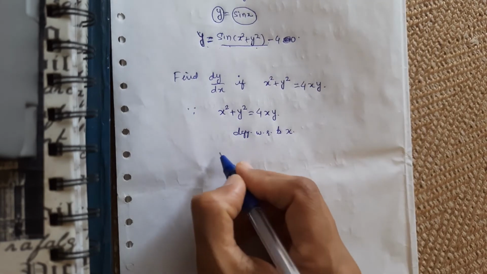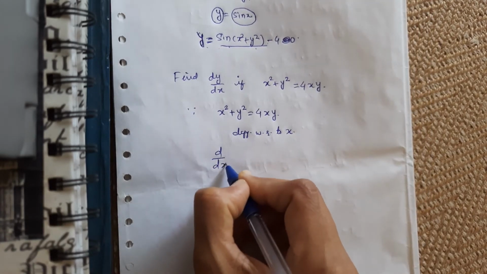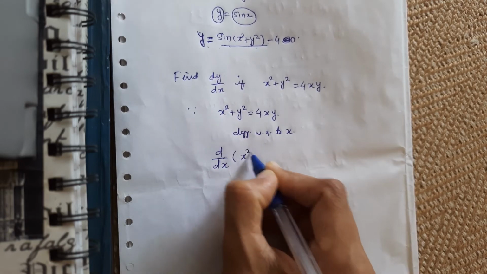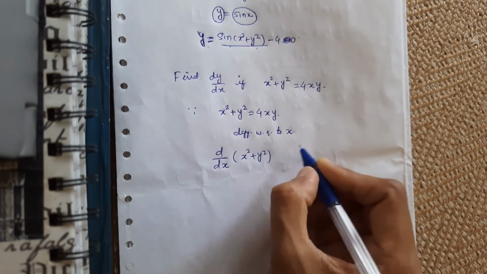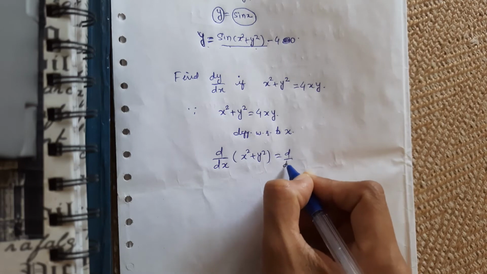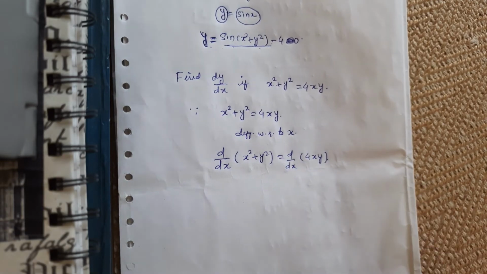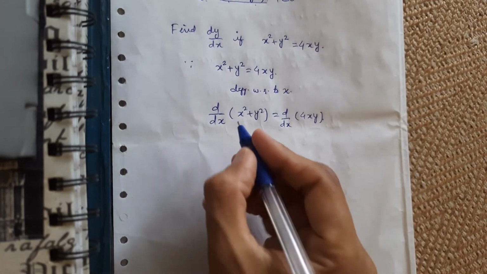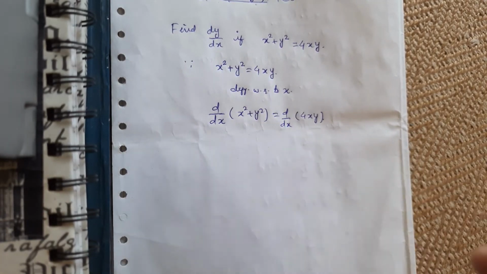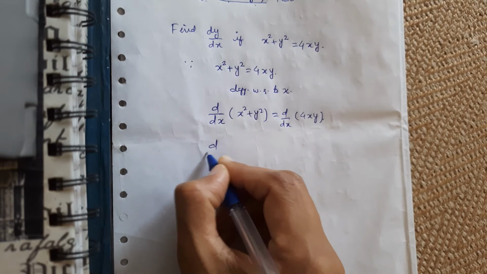So what will I get? d by dx of x square plus y square equal to d by dx of 4xy. I need to write the operator on both sides. Okay, now just find the derivative. The derivative will be separated.